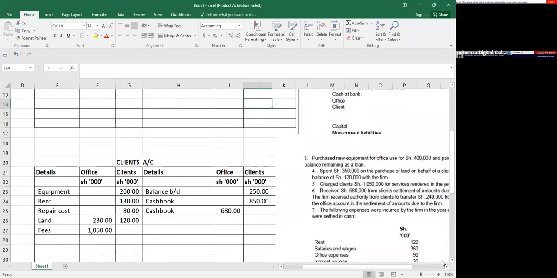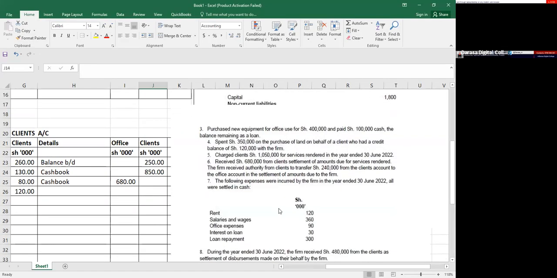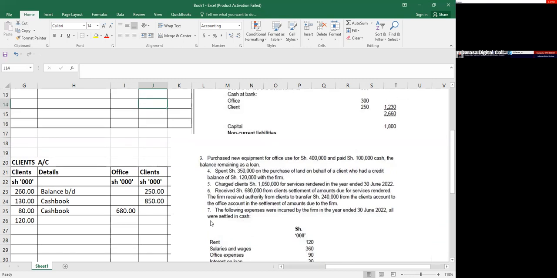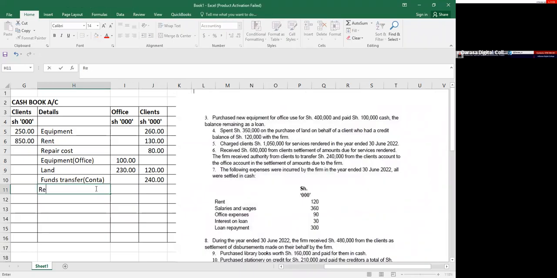The next entry, what were we having? The following expenses were incurred by the firm in the year ended 30 June 2022. So basically, these are expenses incurred by the firm, and therefore we debit the respective expense account and we credit our cash book account. I'll just take the figures here directly. Rent, a figure of 120. Salaries and wages, $360.